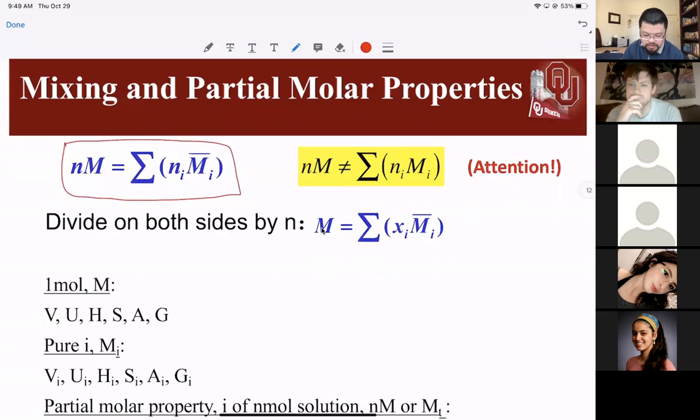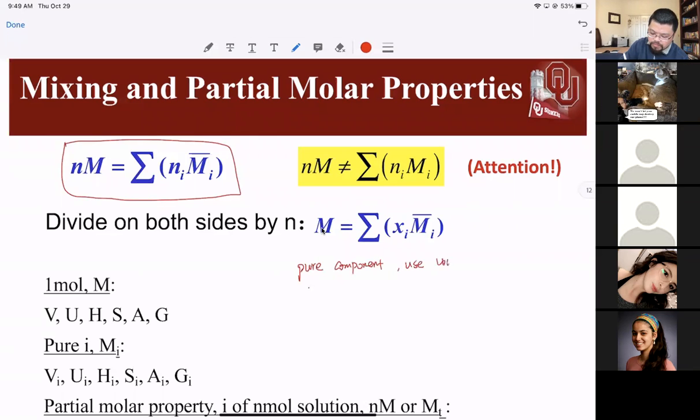To simply explain, when we have pure components, let's use the volume for the example. So we have V1, we have V2, okay?